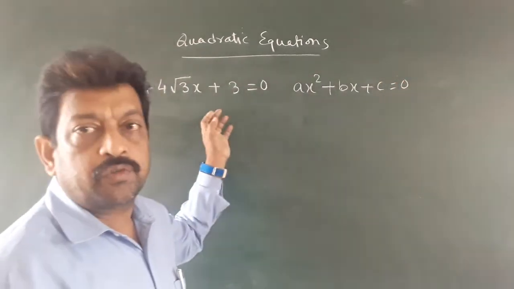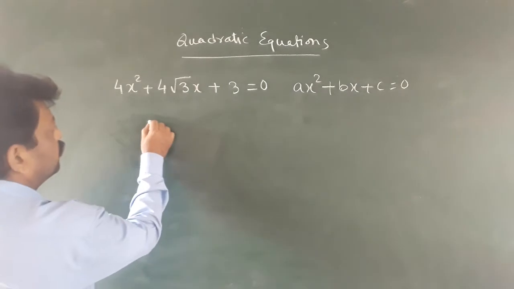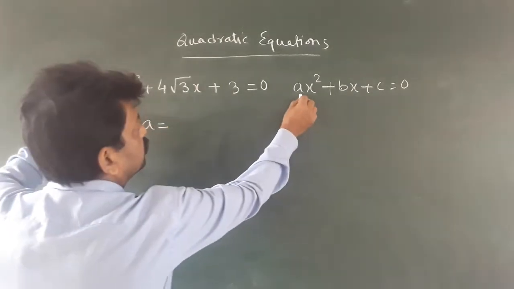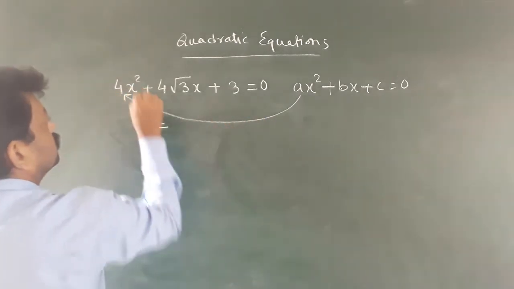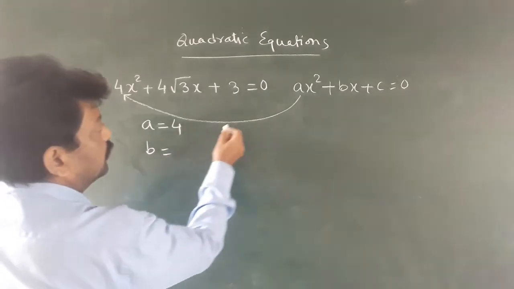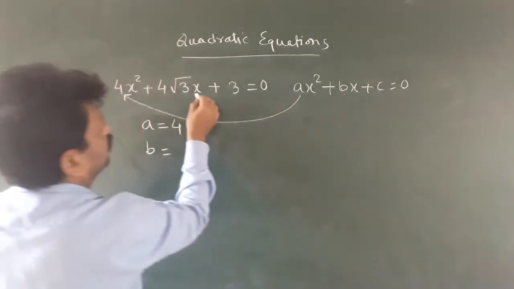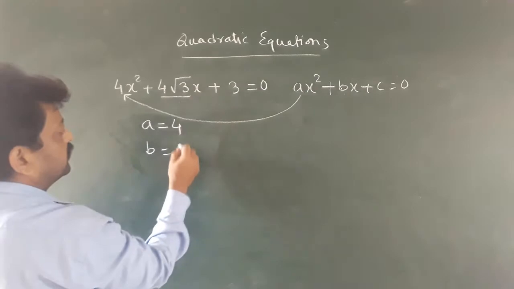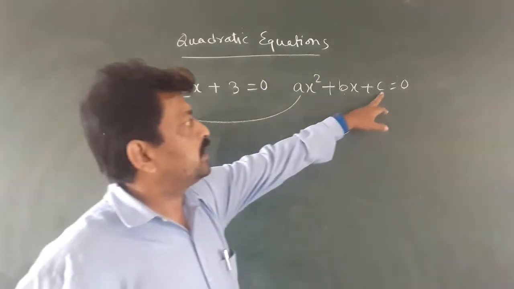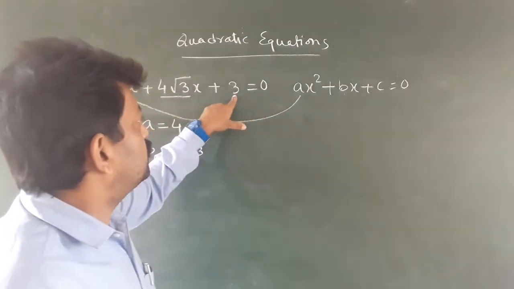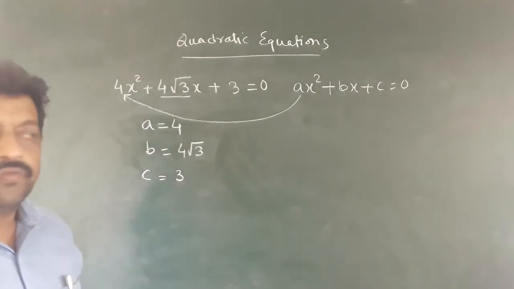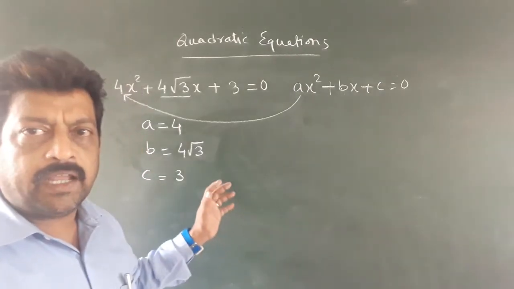By comparing these two equations, we are getting a equals to 4, b equals to 4 root over 3, since the coefficient of x is b, and the constant term is c, here the constant term is 3, so c equals to 3. So we have got the values of a, b and c.